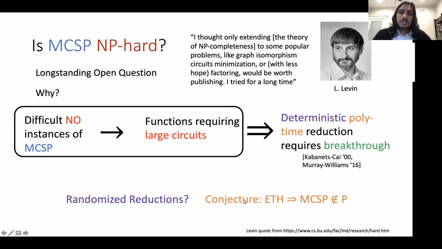I actually believe that you should be able to prove that ETH implies MCSP is not in P. I think it's definitely true, and I also think we might not be too far away from this. I don't think the techniques needed to prove this would have to be crazy. So these are two ways to prove hardness for MCSP that are going to come up later.